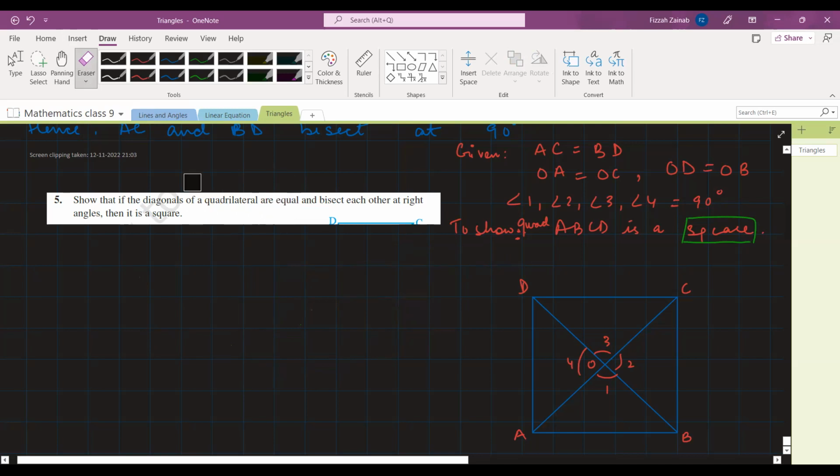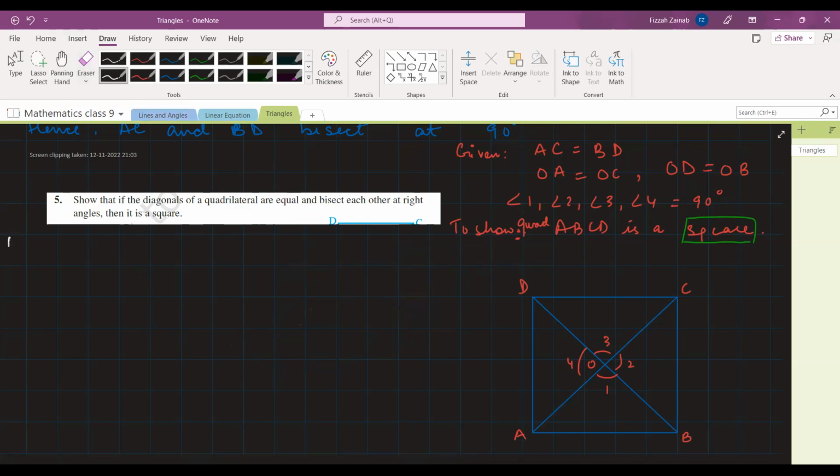All right, now let us do the proof here. To prove ABCD is a square, you can write for your understanding that we need to show three things.